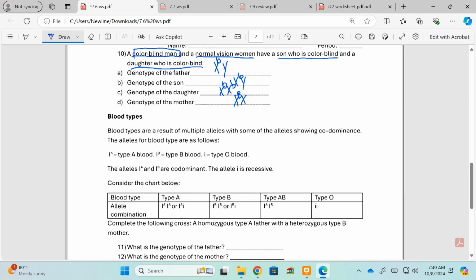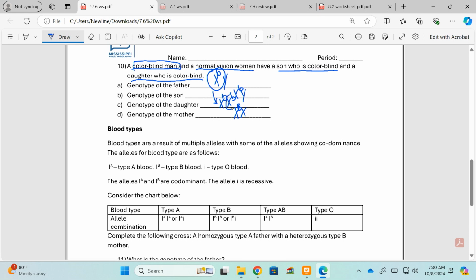So we know that the dad only has this little b to give. That's where one of them came from. So where did this other allele come from? Well, it had to come from mom, right?